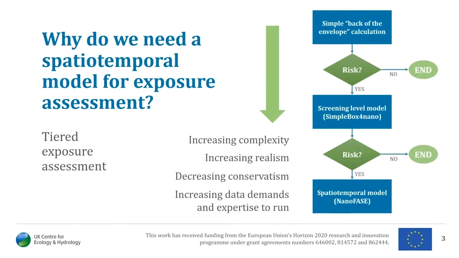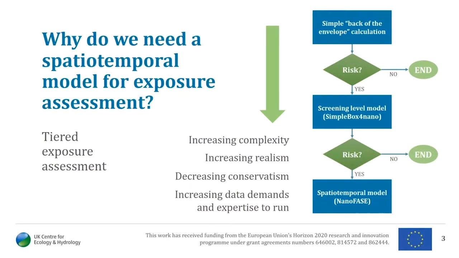The idea here is that you start off with the simplest but most conservative calculation of exposure and thereby risk that you can make, and that could be a simple back of the envelope type calculation where you make some really conservative assumptions like all of the nanomaterial released goes to one compartment and none of it transforms into other chemical forms, and you calculate a concentration based on that.